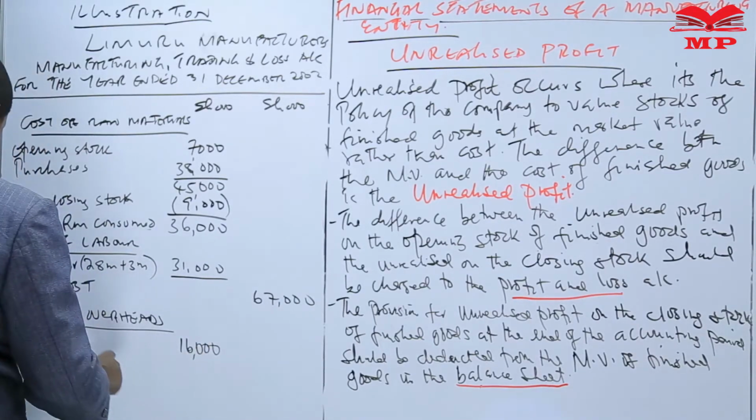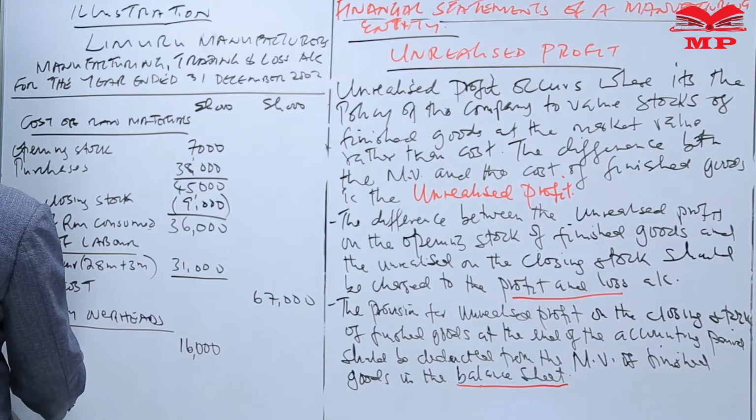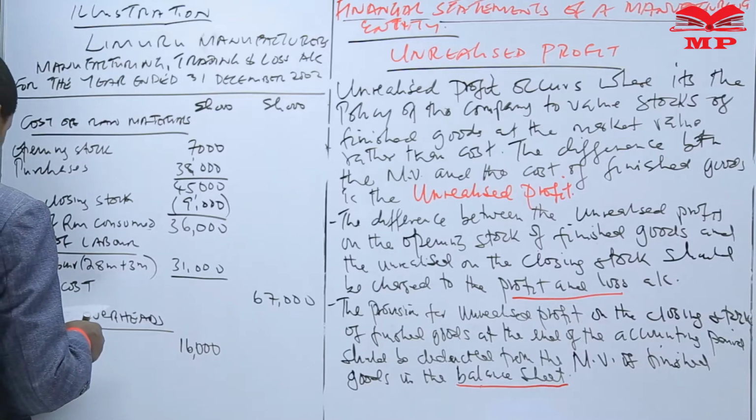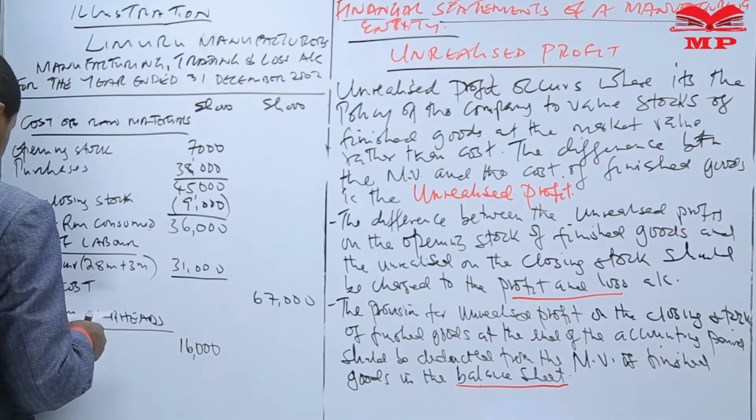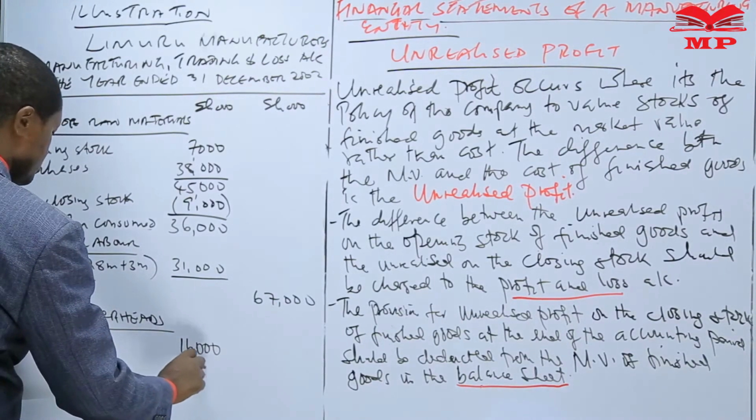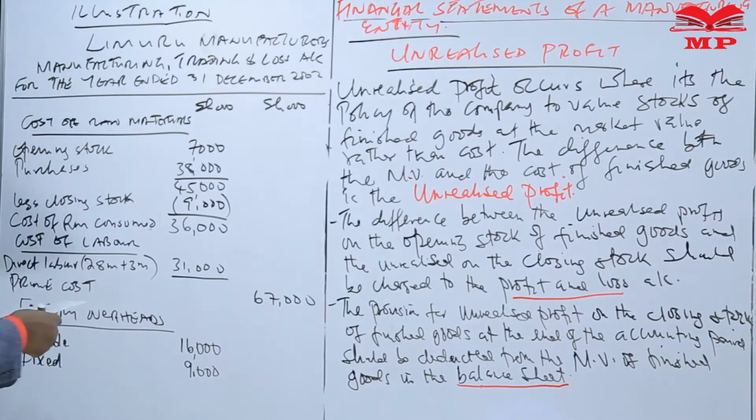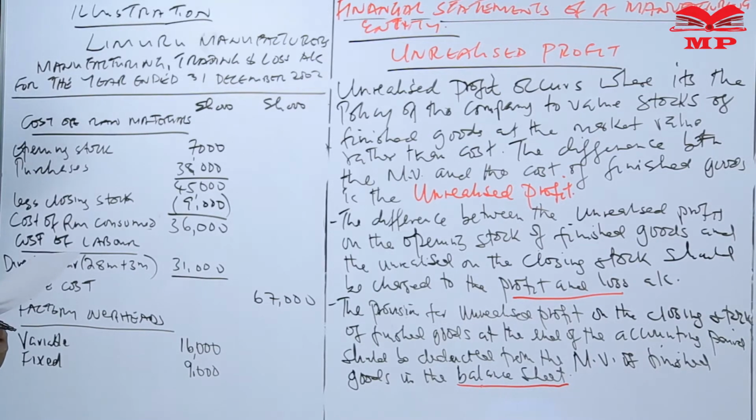We add the fixed factory overheads of 9 million. Then we have depreciation on plant and machinery.